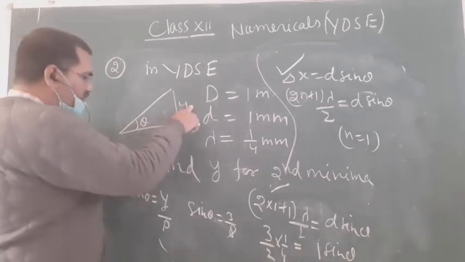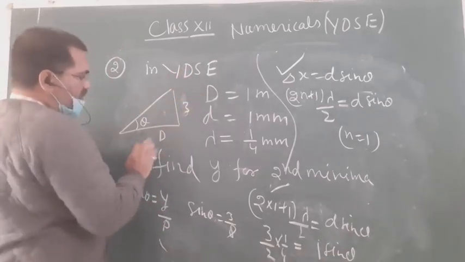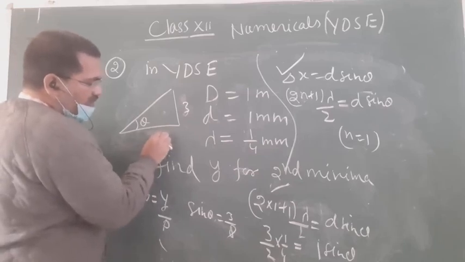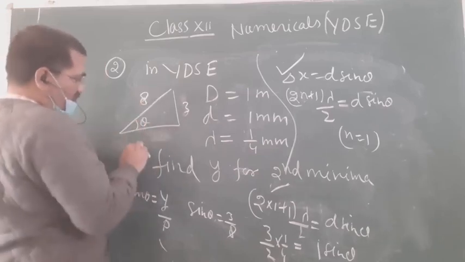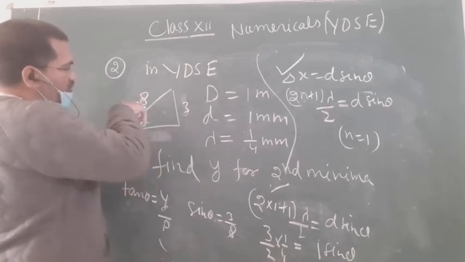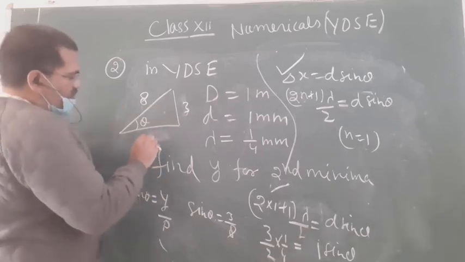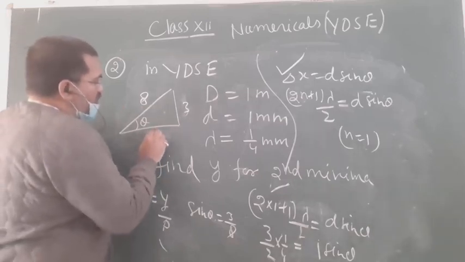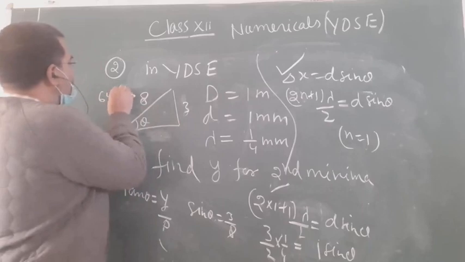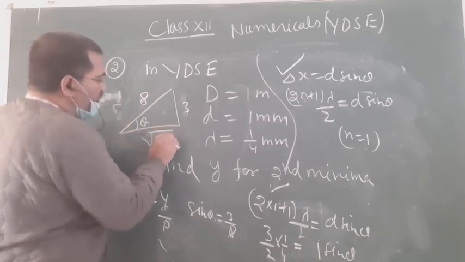This is 3, this is 8, then the other side will be the square root of 8 squared minus 3 squared, that is 64 minus 9, which is 55. So root 55 here.